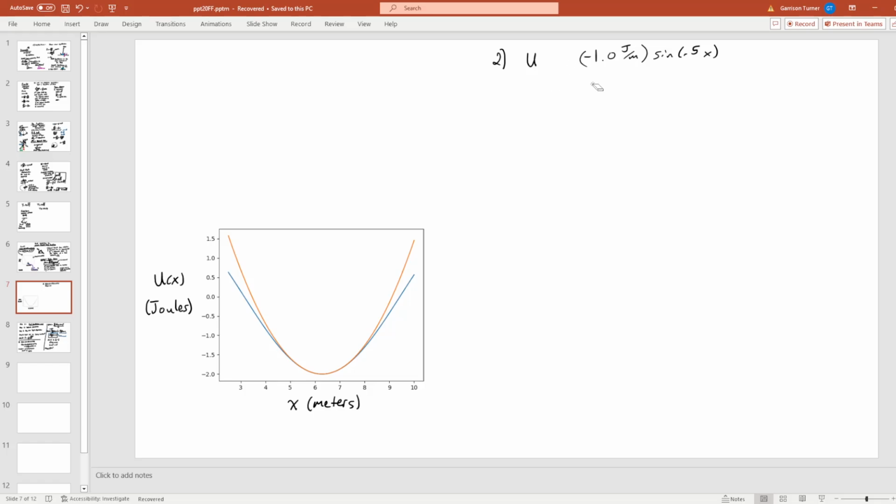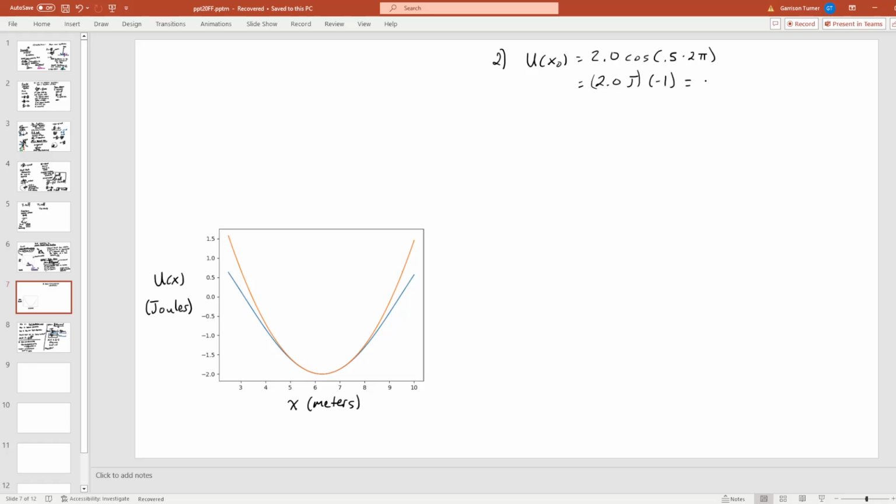It'll make more sense. Okay, so our 0th order coefficient is going to be 2 joules times the cosine of pi, but the cosine of pi is negative 1.